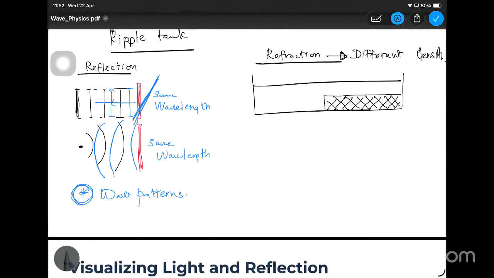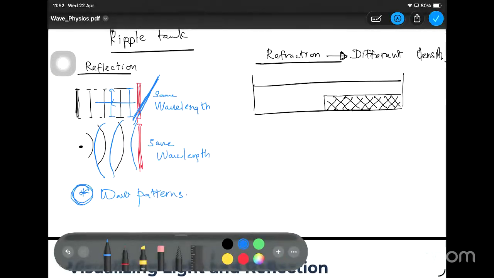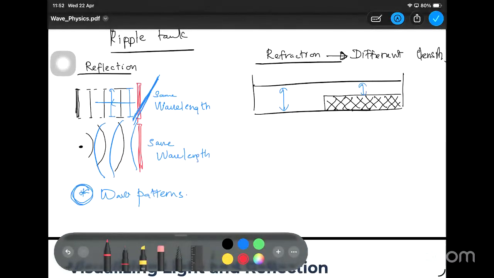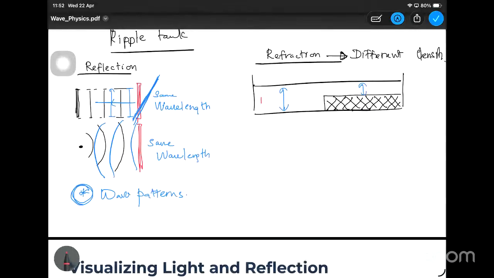Now this region and this region are two different ones. From here onwards it will act as a shallow region, and this is going to be the deep region. And if you have the pointer here, the wave generator, then what will happen?